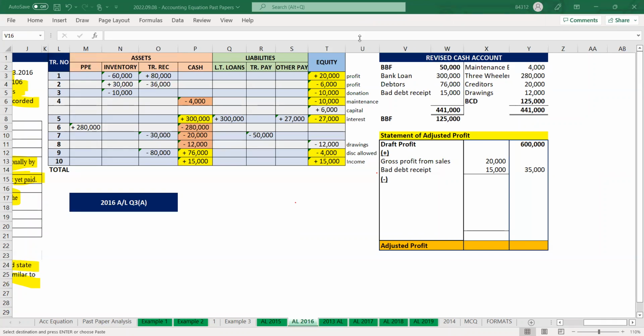Okay, do the rest. There is a doubt. What about the fourth transaction, plus 6,000? Won't that come? No, it is not a profit. It doesn't affect the profit. It's capital, an additional capital. 6,000 is additional capital, so it won't come. And this 12,000 is drawings.